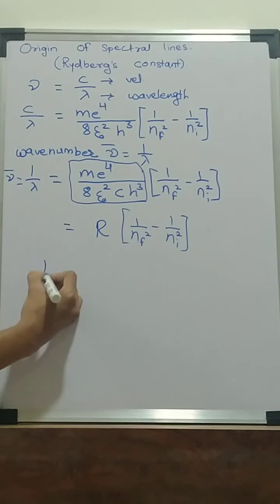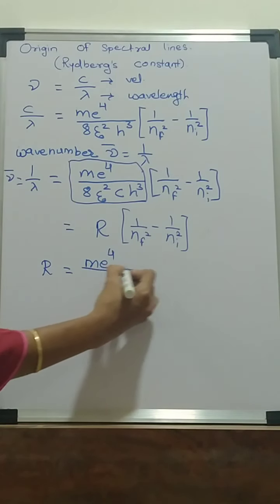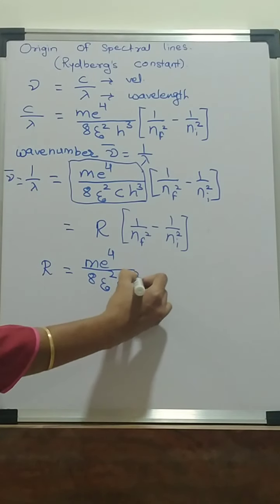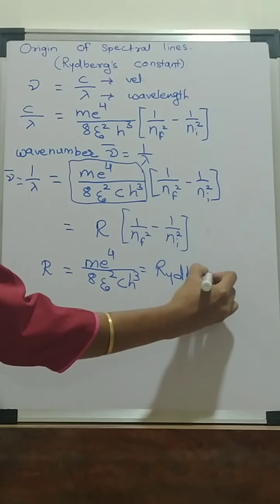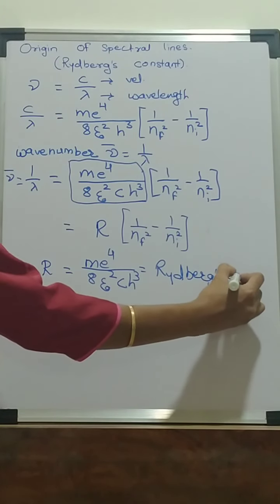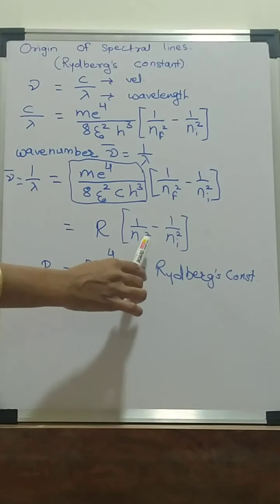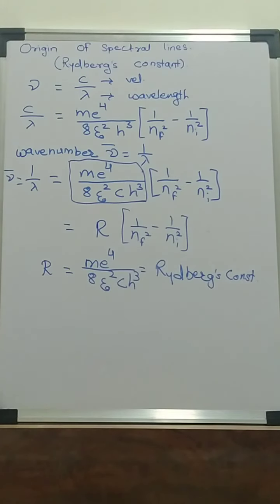What is R? R is nothing but me raised to 4 upon 8 epsilon naught square c h cube, and this is nothing but Rydberg's constant. Now with the help of this, we can find the wave number for the spectral series where it jumps from ni orbit to nf orbit.